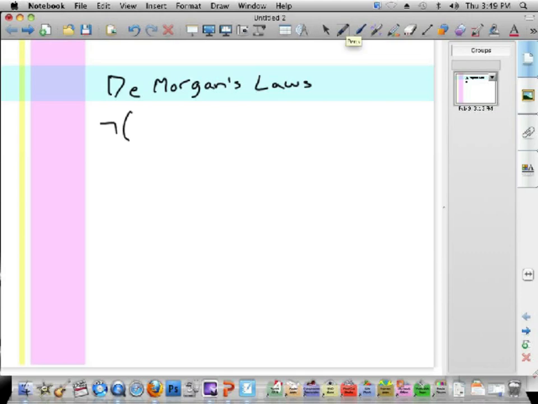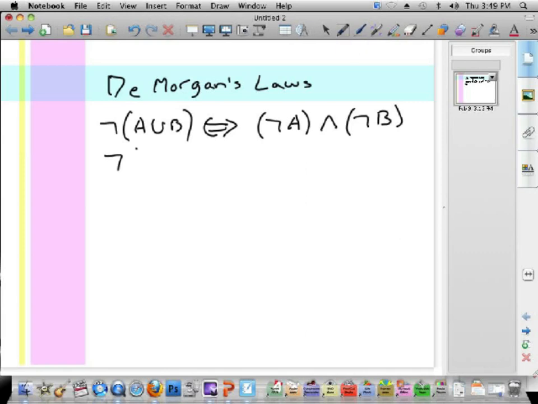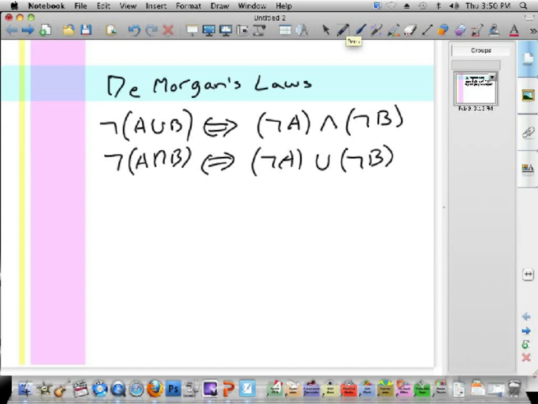It states that if you have the expression not (A or B), that is equivalent to saying not A and not B. Similarly, if you have the expression not (A and B), that is equivalent to saying not A or not B. And those are De Morgan's laws.